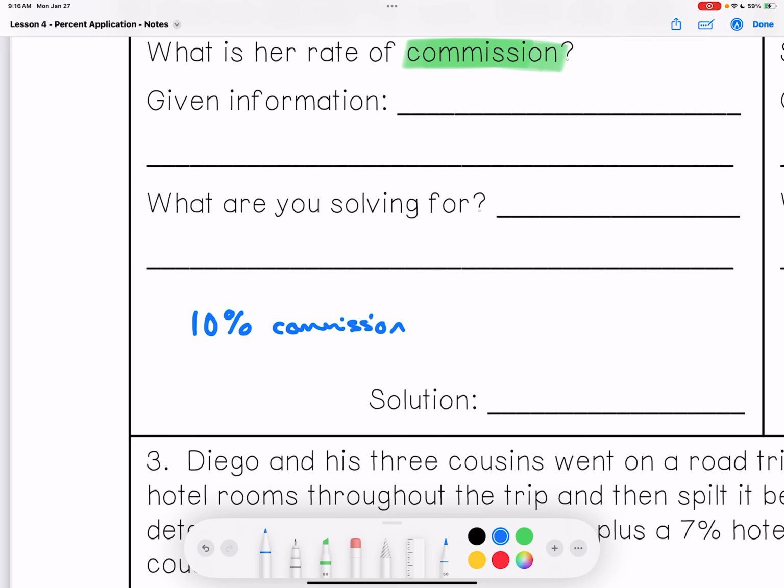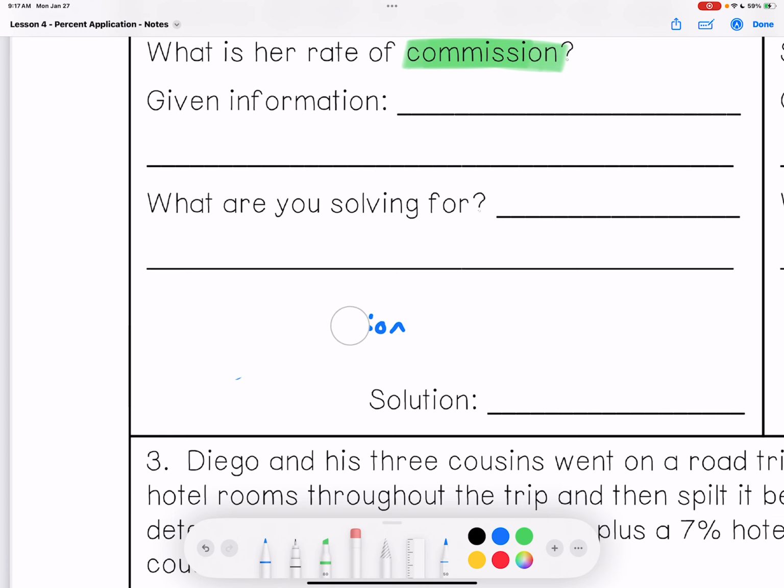Off of every $100 you sell, if you sell a $100 PlayStation, you get to keep 10% as your commission for selling that. So how much money do you make every time you sell $100 worth? You're going to get to keep $10 because 10% of 100 is $10. Okay, that's how commission works.